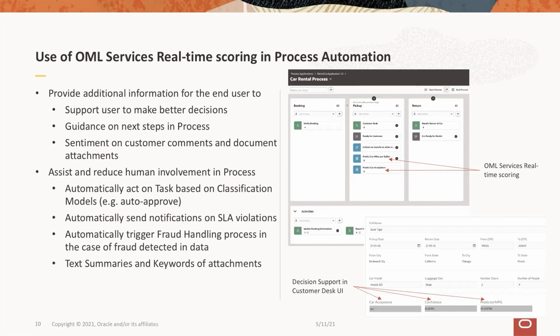Assume you have a regression model that predicts the completion time of your process, and if that prediction is over a certain value, you can start sending out notifications to your process stakeholders, or you can automatically trigger a fraud handling process where you detect some fraud in your data. So as you see, there is a really broad set of use cases for machine learning in process automation.